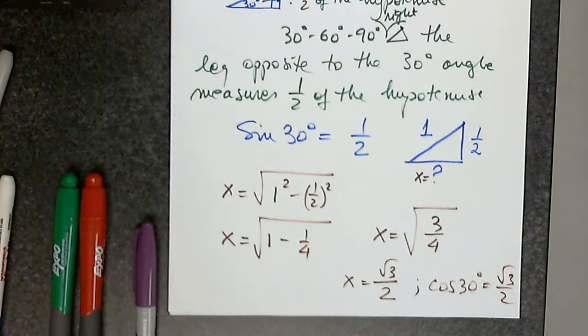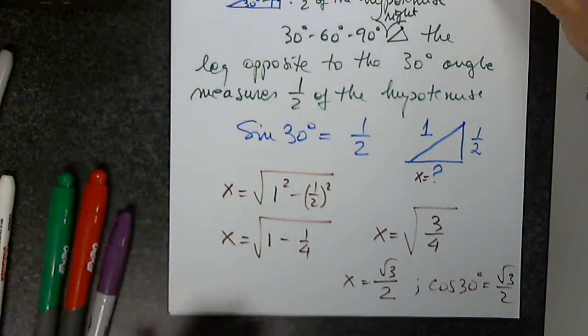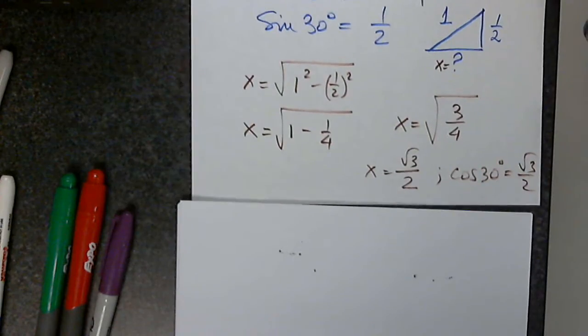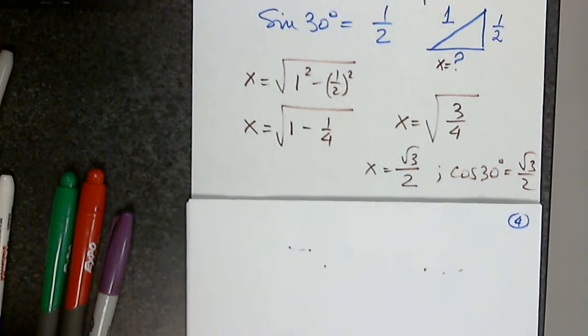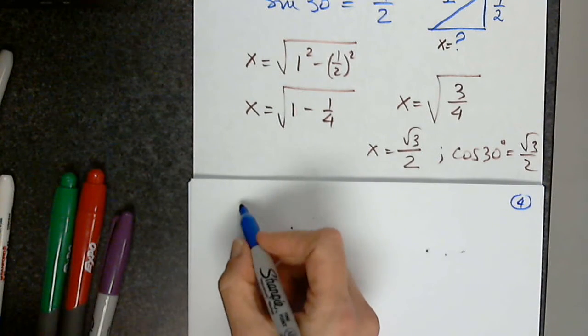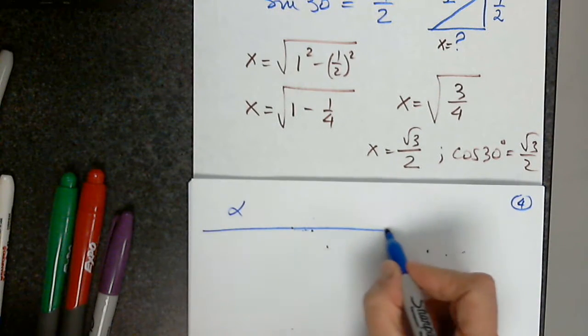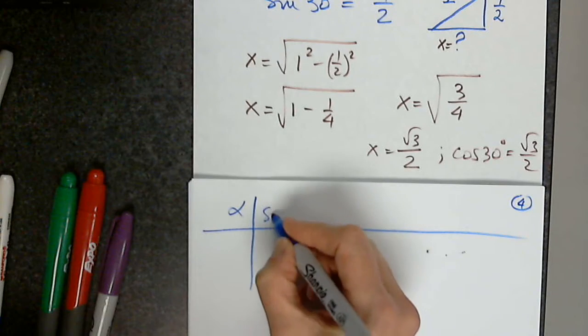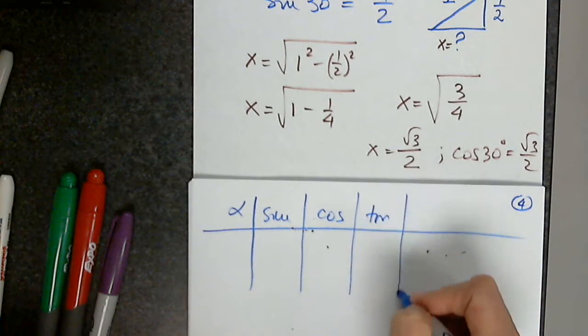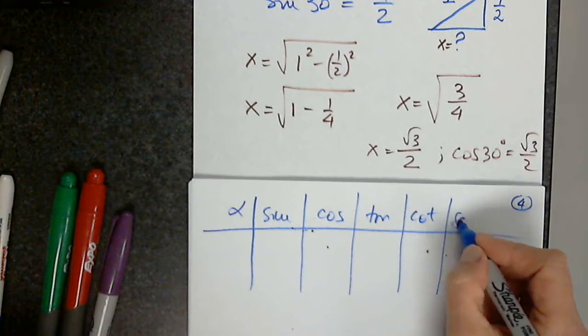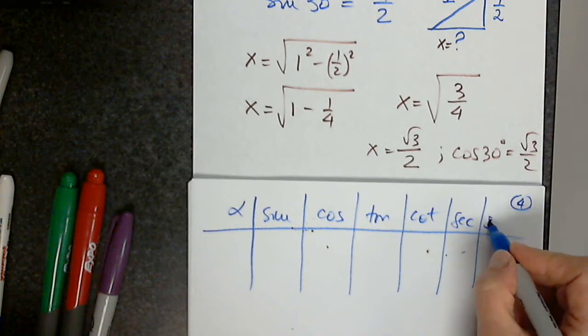So coming back to our chart, I forgot to keep that page. Sorry about that. So I'm just going to write the angle alpha, sine, cosine, tangent, cotangent, secant, and cosecant.